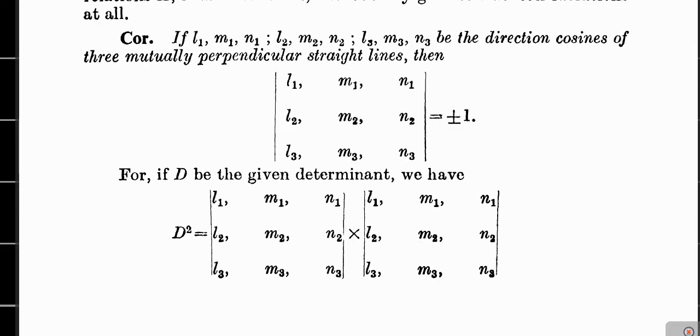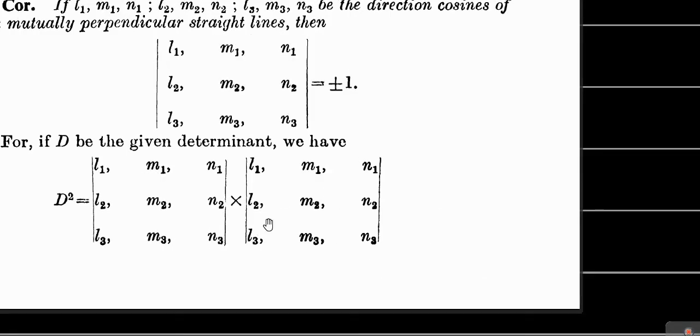Now we'll take the product. The product of these two determinants will be again a 3 by 3 determinant, and that resultant determinant I am going to write down here. Elements of that determinant are, for the element which is at the first row first column position of the resultant determinant, we have to take the product of first row of first determinant with the first row of the second determinant, which will be L1 into L1 means L1 square plus M1 into M1 means M1 square plus N1 into N1 means N1 square.